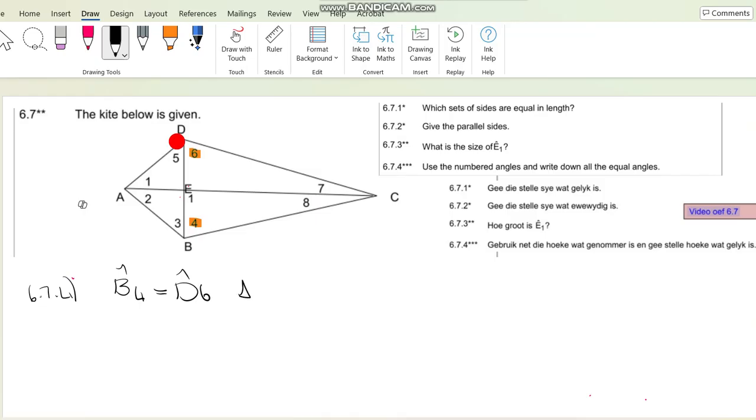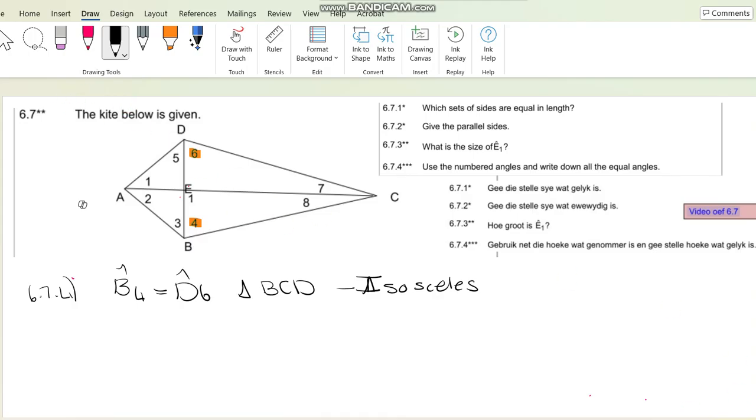Triangle BCD is an isosceles triangle. Let me just get the Afrikaans name.